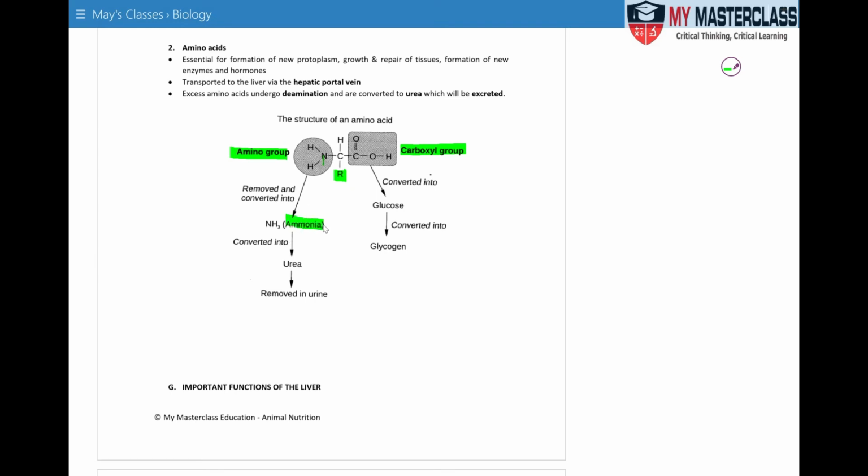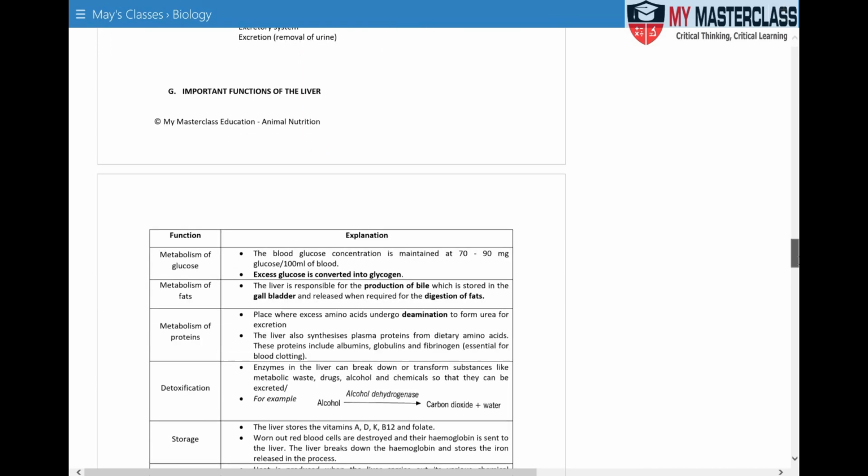Ammonia is extremely toxic to the body, which is why it is very rapidly converted into urea, which is then removed through the urine via the kidneys. We call that the excretory system, whereby excretion takes place, which is the removal of urine from the body itself.